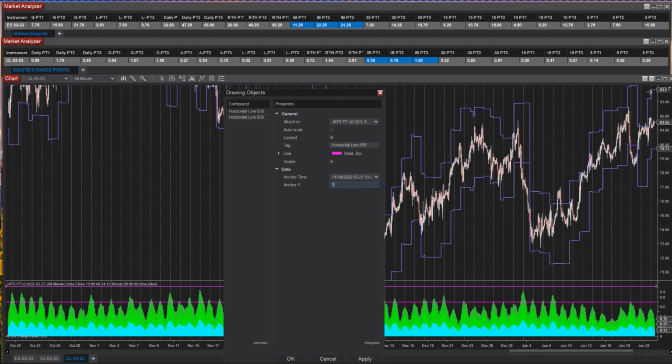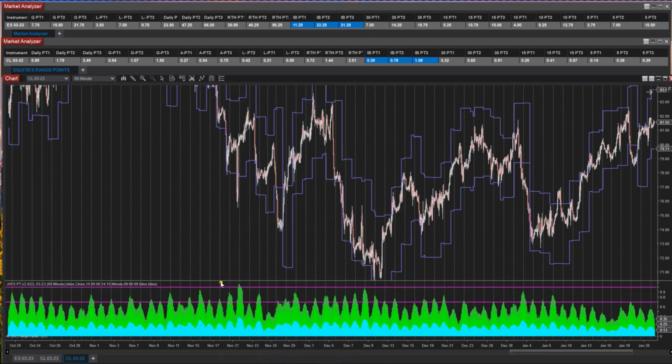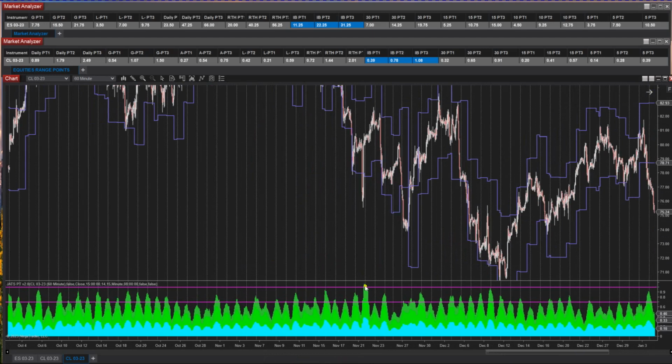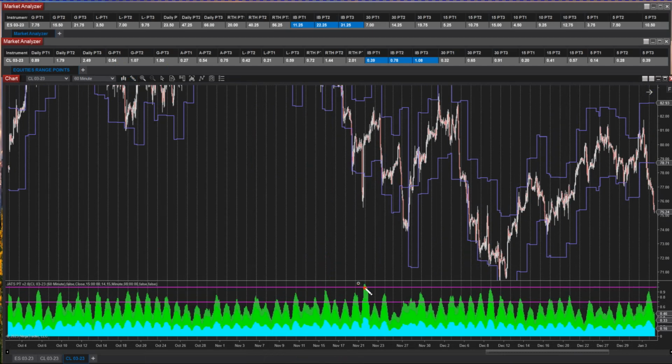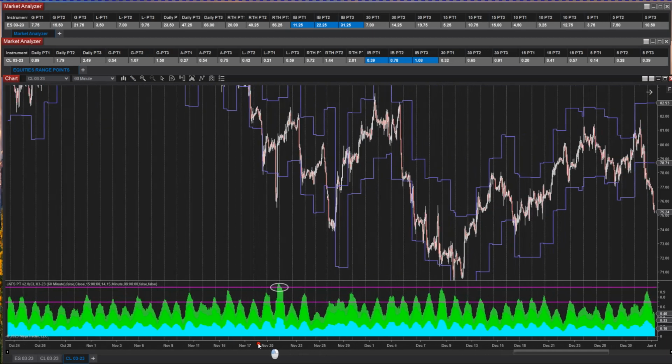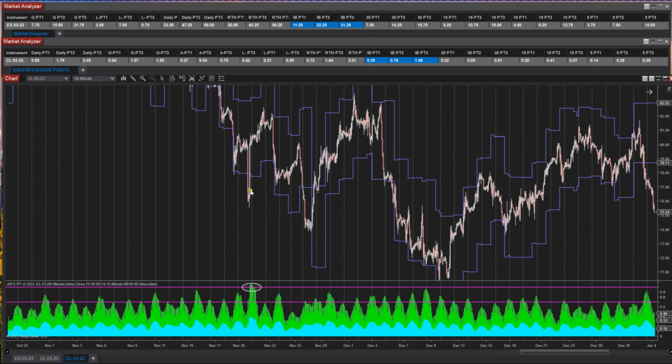Here we go, 1. And this can be used. You see how it got outside the 1 right there? That is pretty much the end of the road. And once it started sloping back in, you're going to go back inside your range.